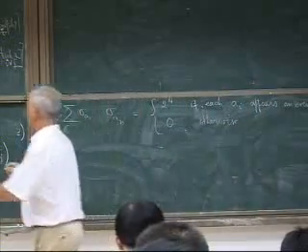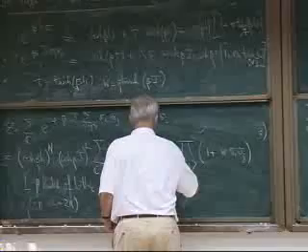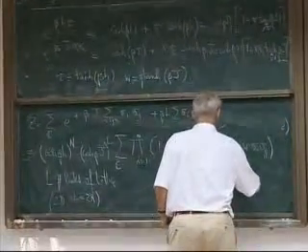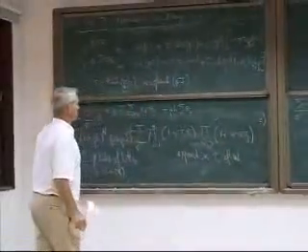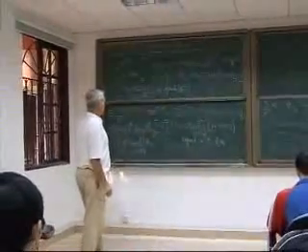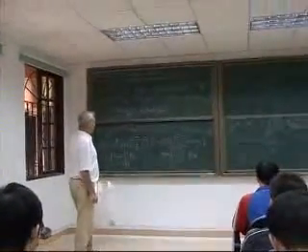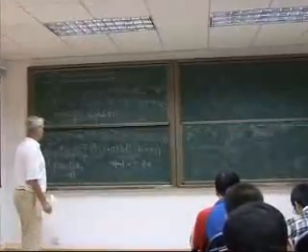So tau and W are small. We expand in tau and W. Well, we have to expand and to sum.